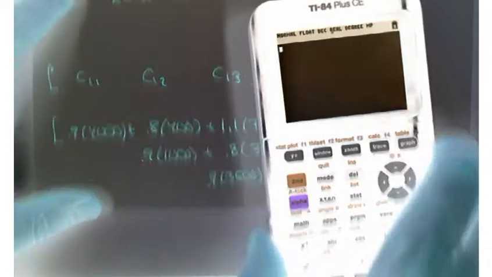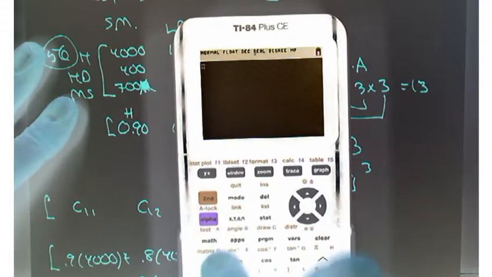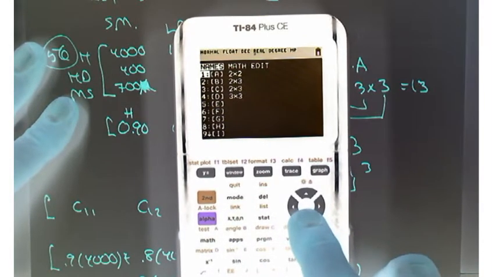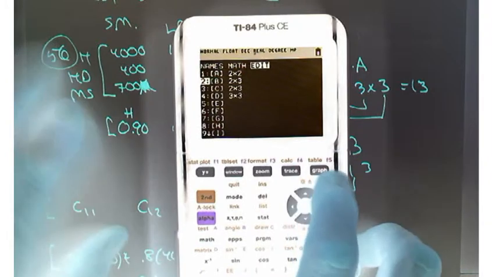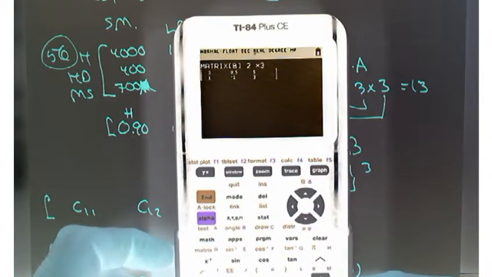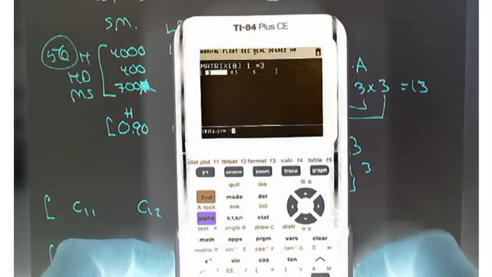I'll tell you what, I'm going to do it this way. I'm going to edit these matrices and put them into my calculator. So let's edit matrix B. That's going to be a 1 by 3, and that was 90 cents, 80 cents, and $1.10.